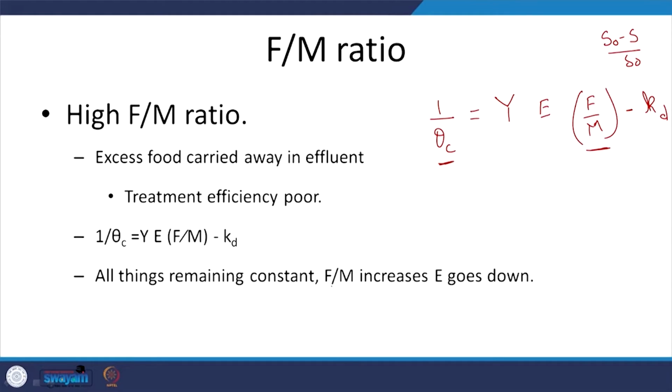If I keep the cell residence time the same and increase the F by M, the efficiency of the process obviously will have to come down. If I increase the food to microorganism ratio, the efficiency will come down. So right, efficiency is this.